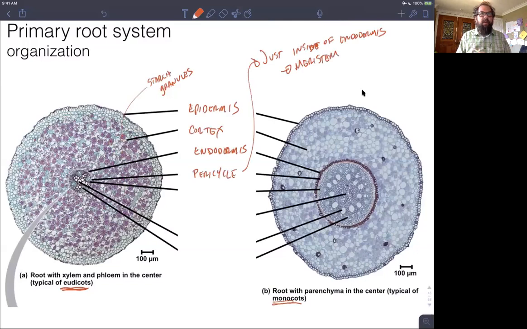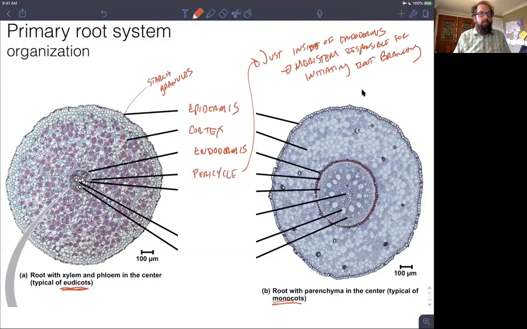This is only found in roots, but it's a meristem that is responsible for initiating root branching.